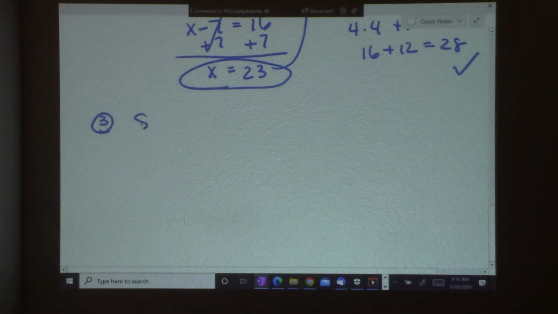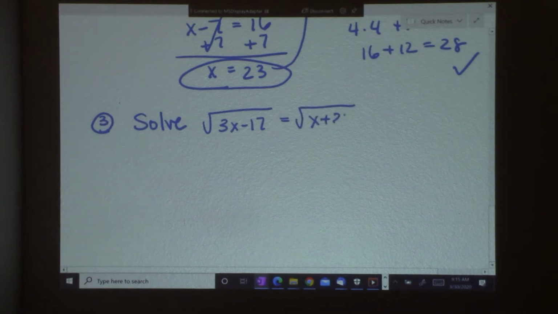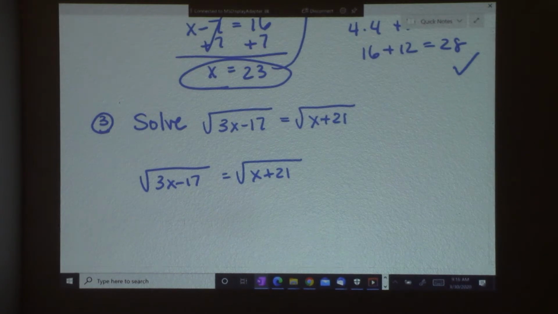So this time we have: solve the square root of 3x minus 17 equals the square root of x plus 21. I'm going to rewrite that down below. So this time I have a square root on both sides, and that is totally fine.